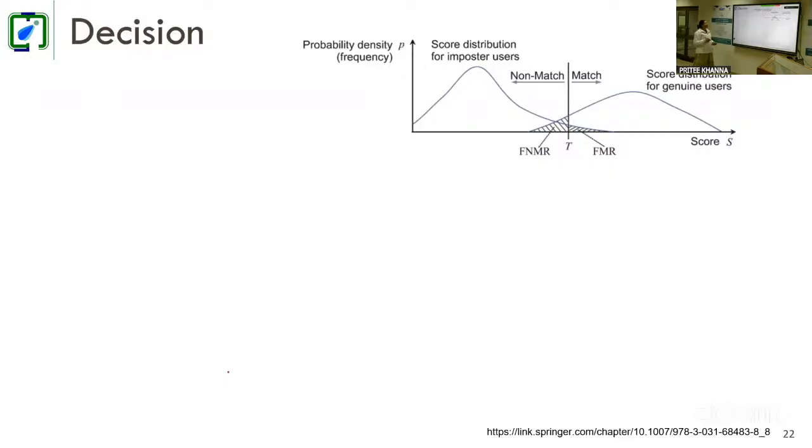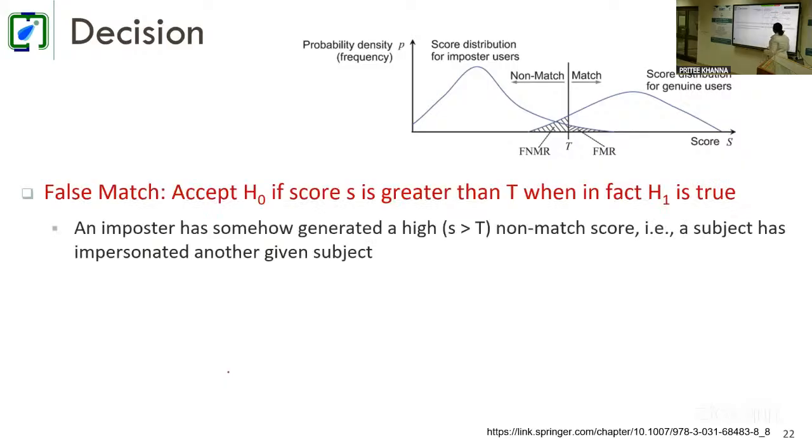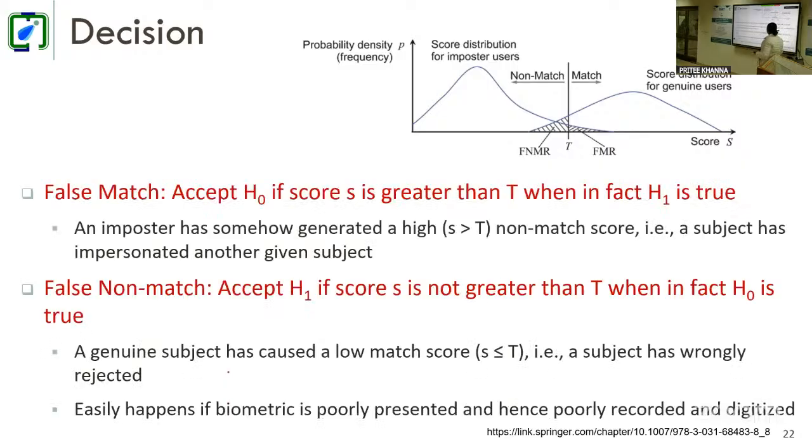So here you can see again the same picture, with a match and a non-match. I think I have already explained that if an imposter somehow generates a high similarity score, then he will be allowed access. Similarly, a genuine user who produces a low matching score will be rejected.